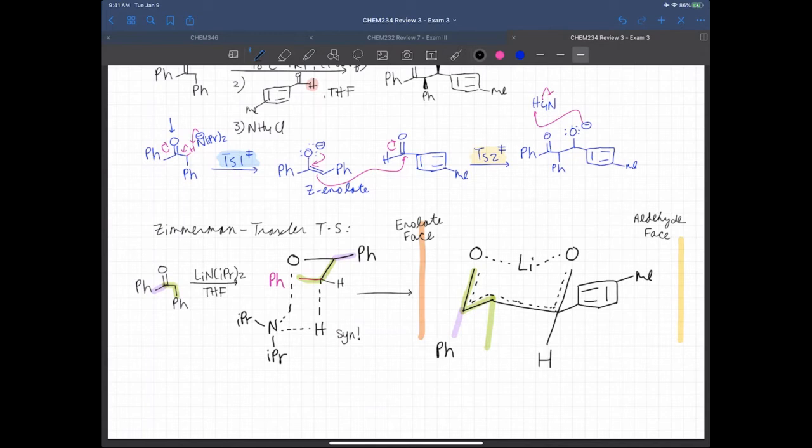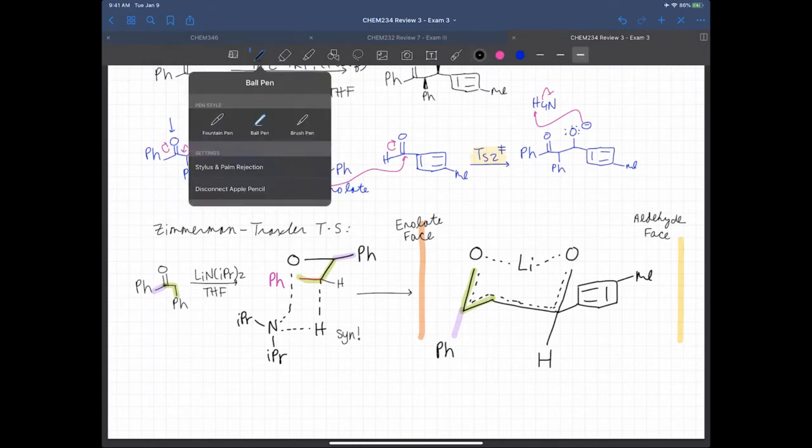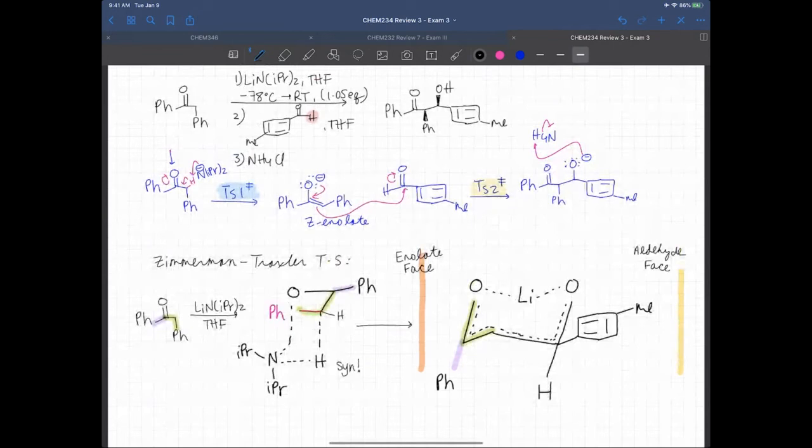But wait, am I drawing it correctly? No, right? Because I need to make a syn product. So when it's a syn product, they're both on the same face, and exactly, green should be up, right? Dr. Molina likes saying what?